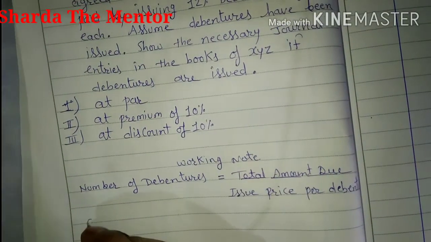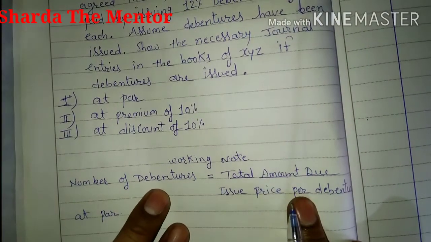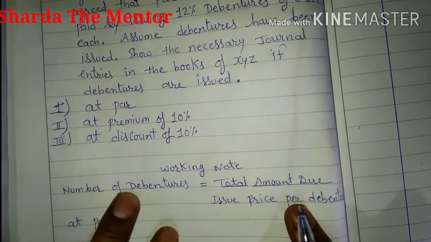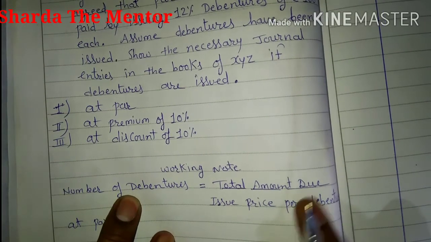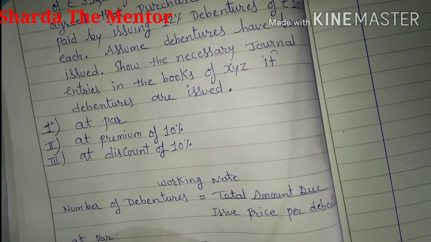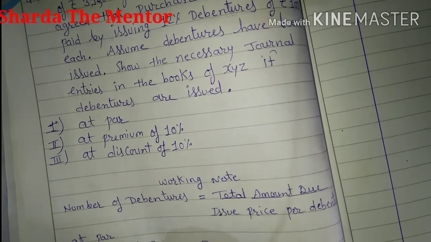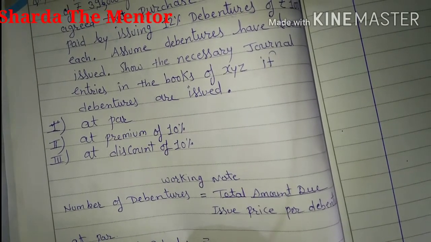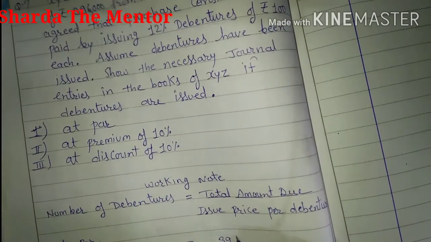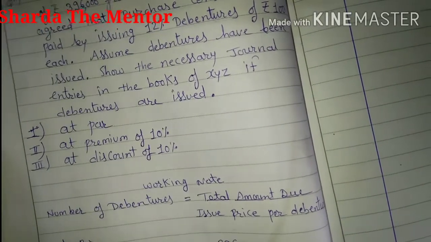Now if I am issuing debentures at par, this is the formula we can use to know the number of debentures. The number of debentures is equal to total amount due divided by issue price per debenture.